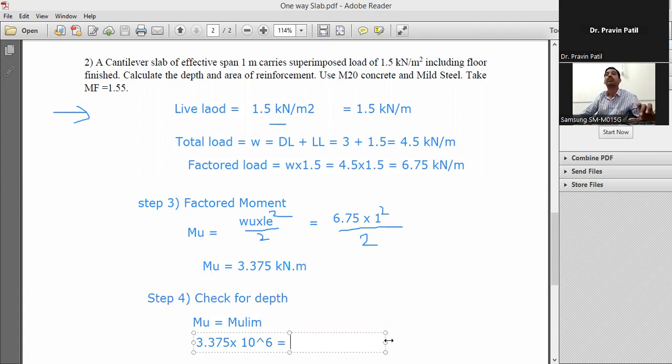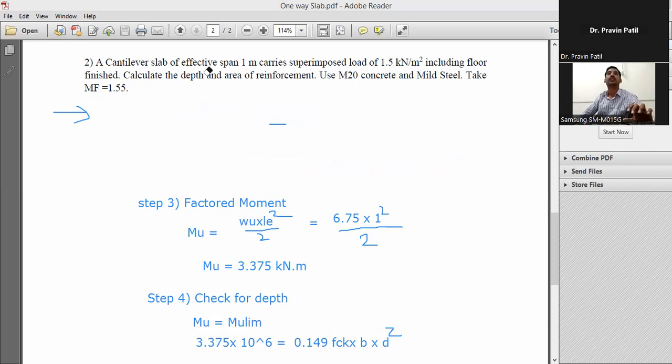Mu limiting: the grade of steel is Fe250, so Mu limiting is 0.149 FCK into B into D square. Here we put all these values.